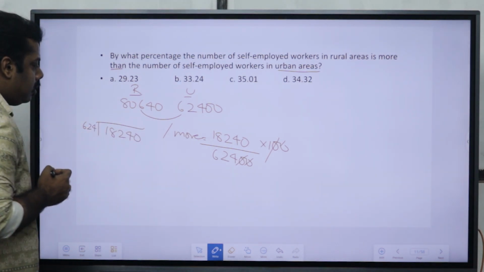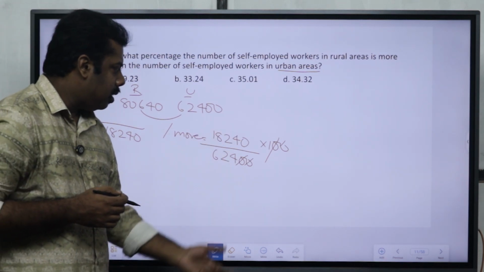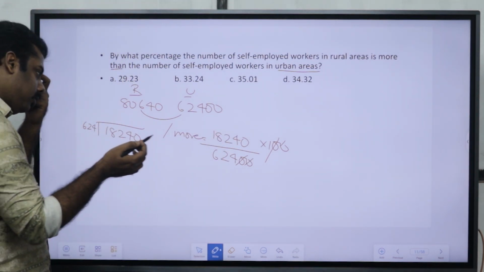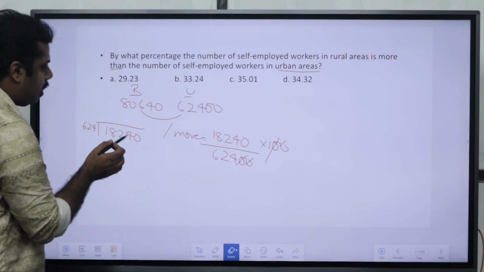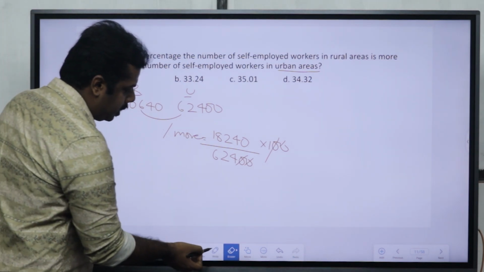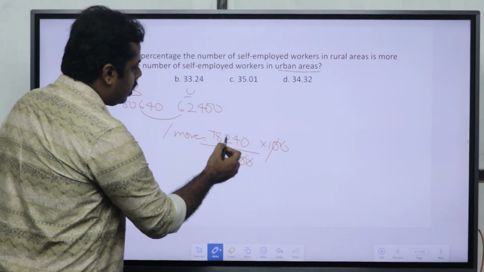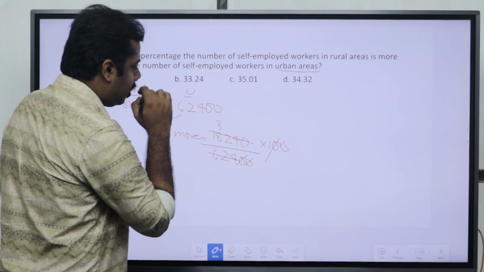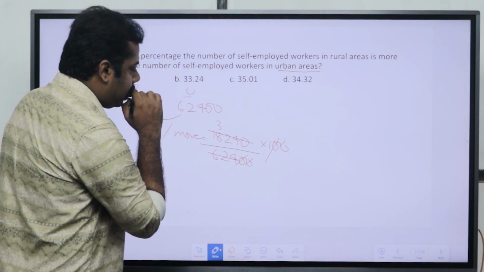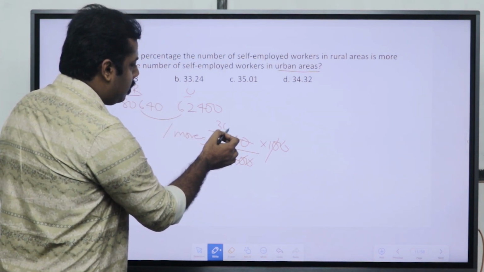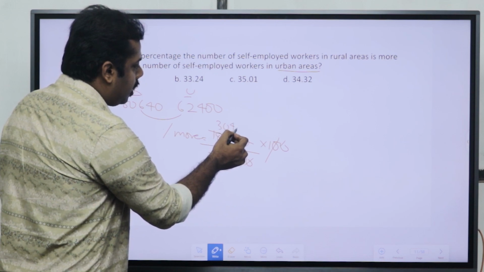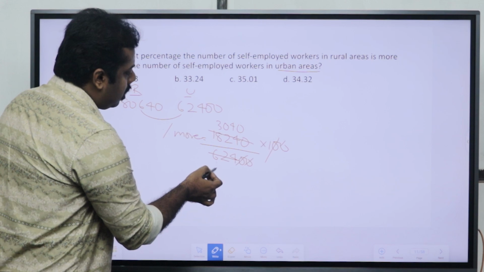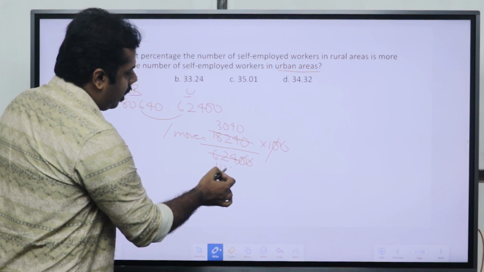You can cancel out the common values, which will make it a bit easier. 6 is common. 6 3s are 18, then 0 will come, and 4 times 6 is 24. So we get 3040 over 104.